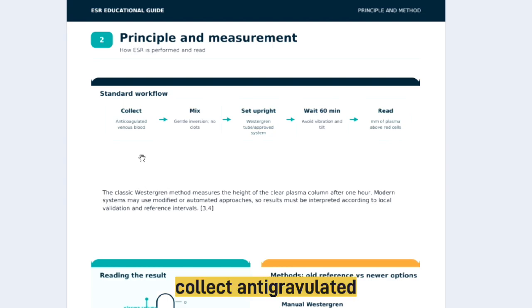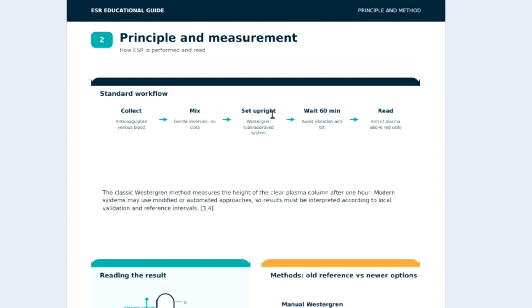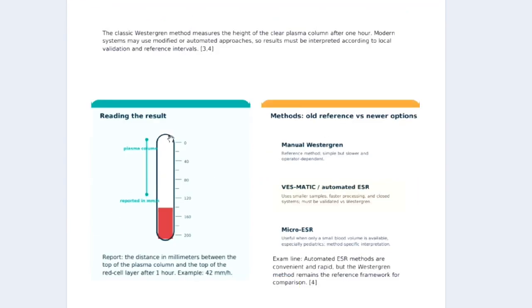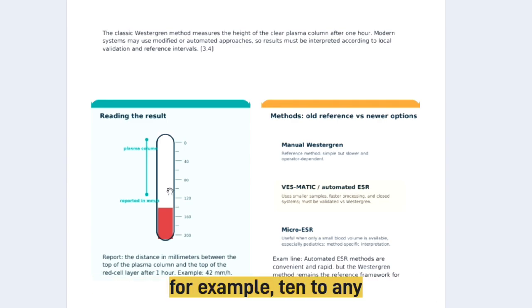So collect anticoagulated venous blood, mix it, set it upright in a Westergren tube, wait 60 minutes, and then read this distance, from above until here, and we report it in millimeters per hour, for example 10, 20, 50, etc.